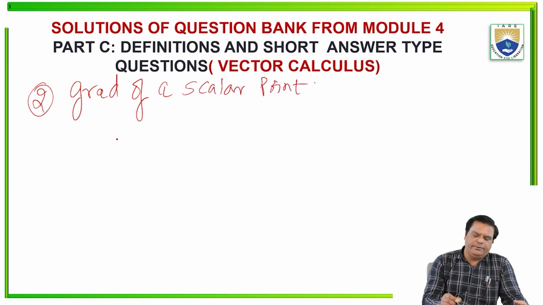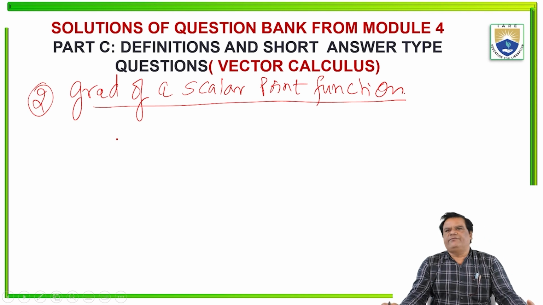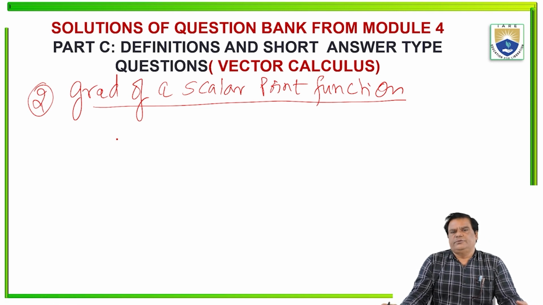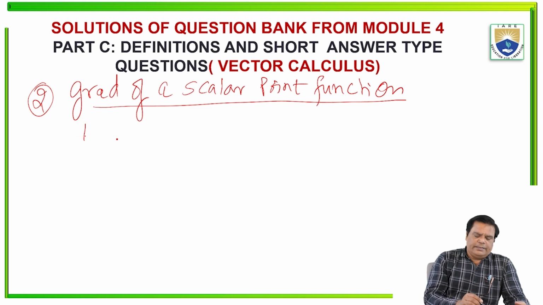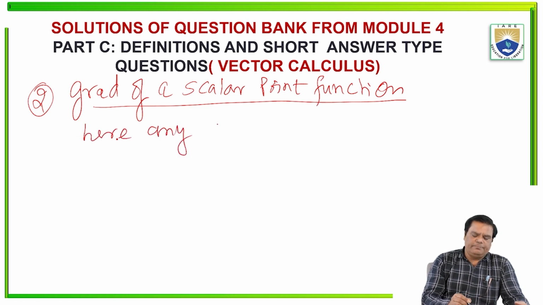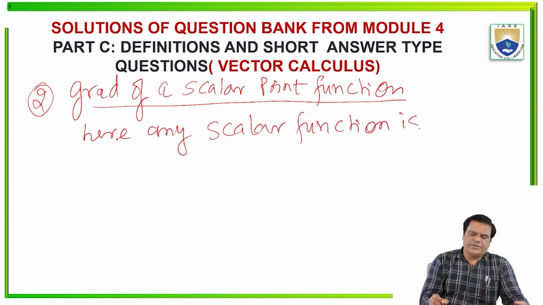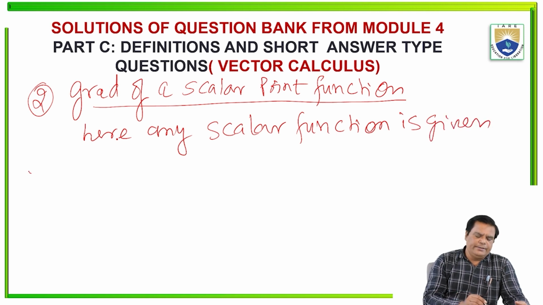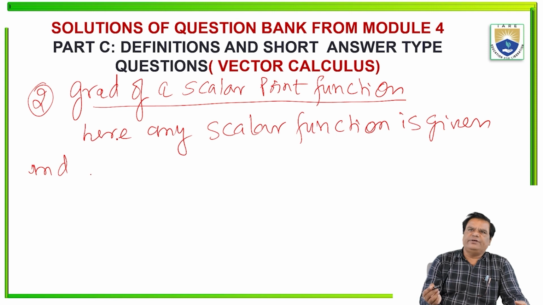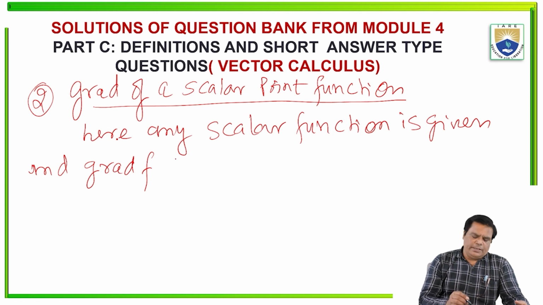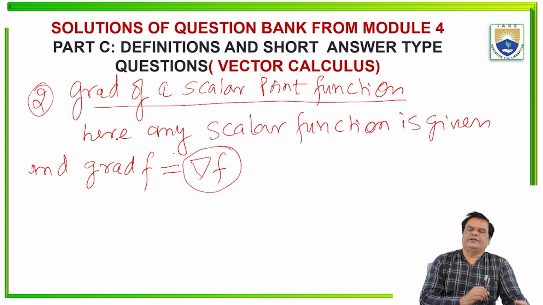Here any scalar function f is given, and the gradient of the scalar point function means grad f. Grad f means del f. This is known as the gradient of a scalar point function.